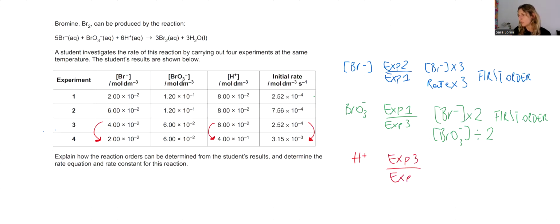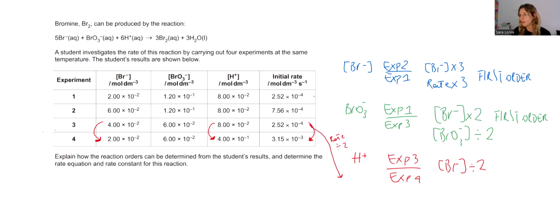What do I notice? I notice that the concentration of the bromide has been divided by 2, which means that for sure, because we found before it was first order, also the rate, I'm going to go off the table, the rate from 2.52 is also going to be divided by 2.